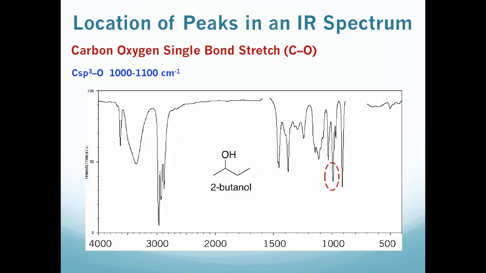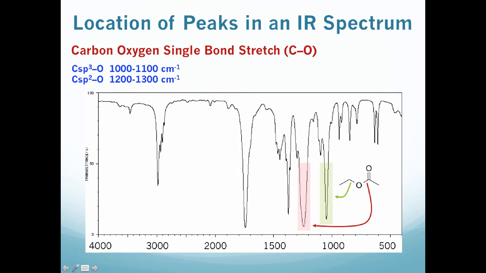Let's look at an actual example here. Here we have 2-butanol. Our carbon is sp3 hybridized. So if we consider this carbon-oxygen single bond stretch here, we would expect to see that between 1000 and 1100 wave numbers. Well, here we see this signal right around 1000 wave numbers. That corresponds to this carbon-oxygen single bond stretch, and that is very diagnostic. Now if we move to an ester, we have our sp2 carbon-oxygen stretch.